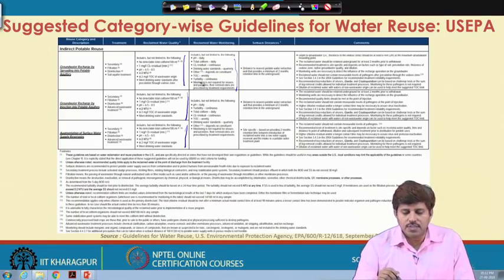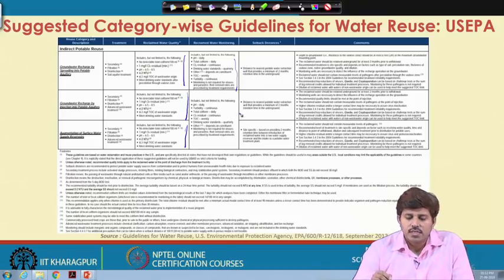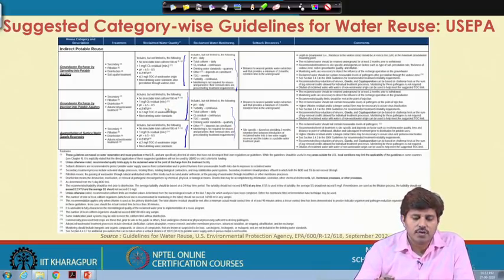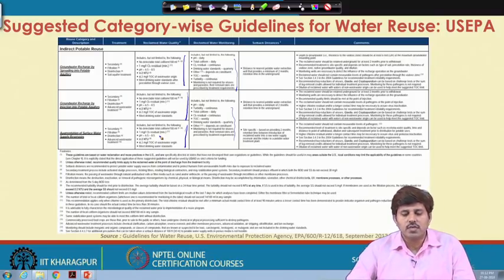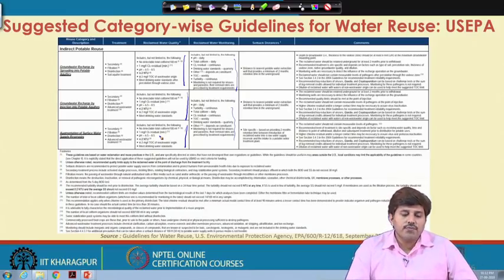The same degree of monitoring is required if we are going for groundwater recharge for potable aquifers, or if we are augmenting a surface water reservoir for potable use.